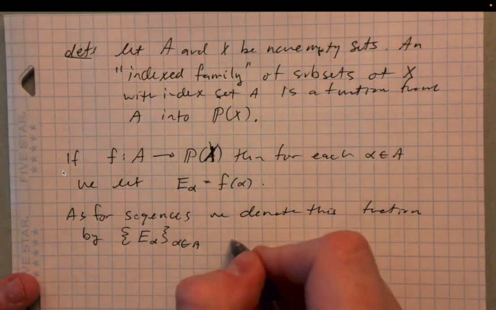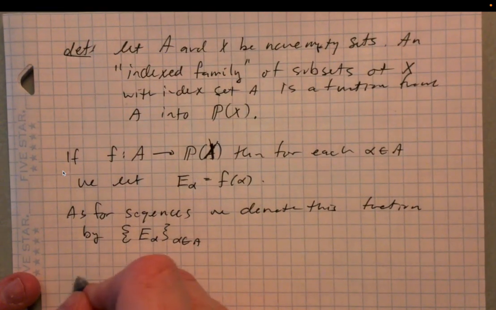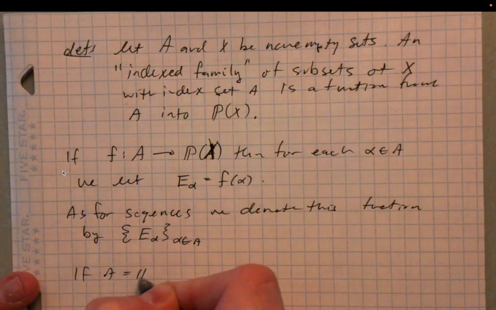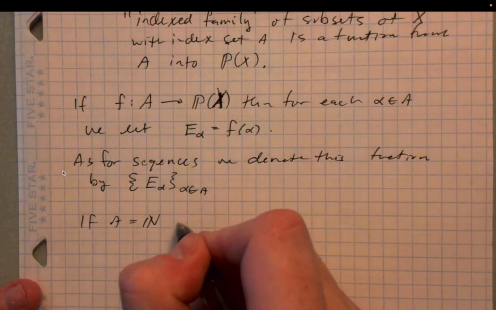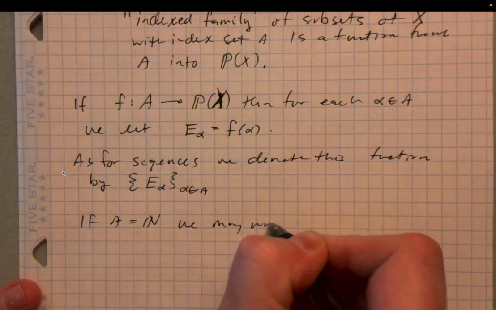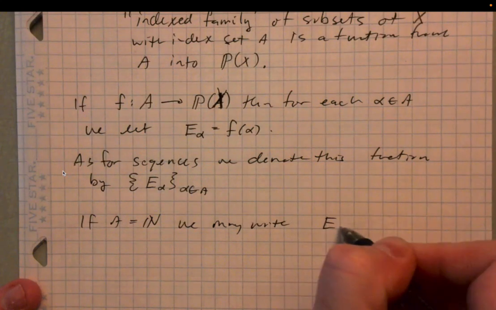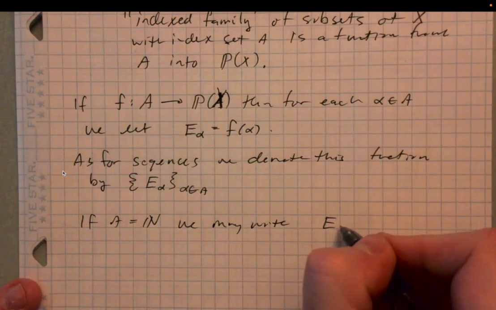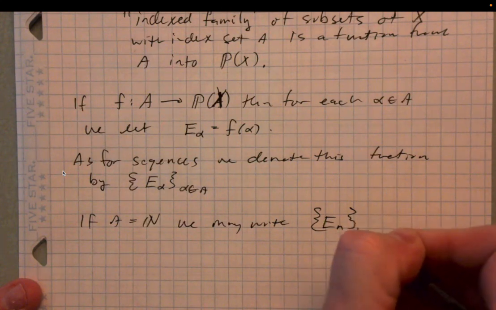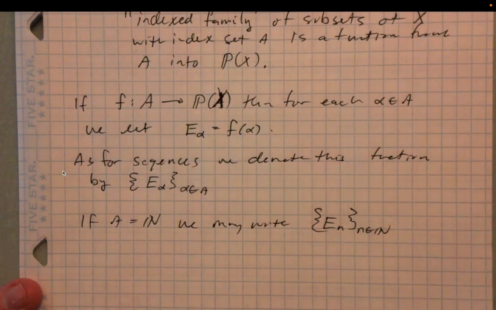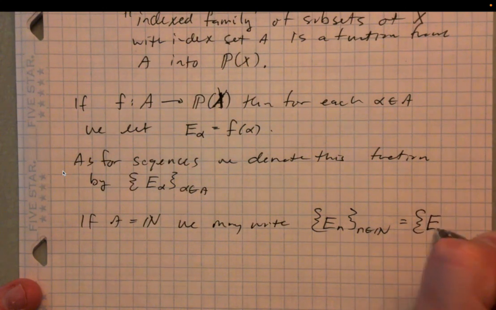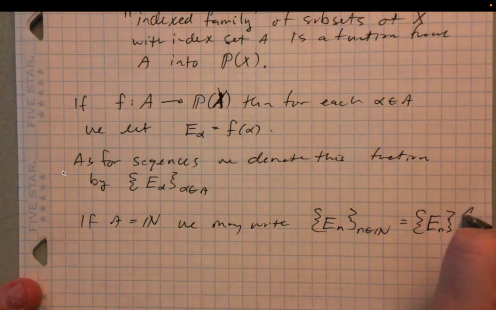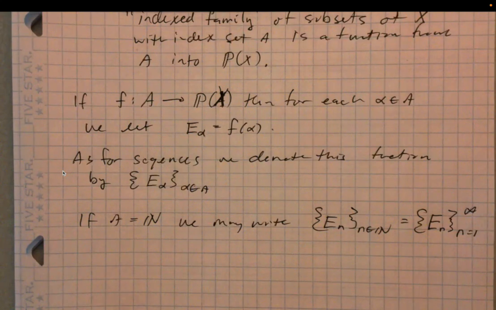And so frequently, if A is like the natural numbers, you may see this notation. We may write E sub n such that n is a natural number, or it's possible we might write E sub n, n equals 1 to infinity, that kind of thing. These all kind of mean the same thing.